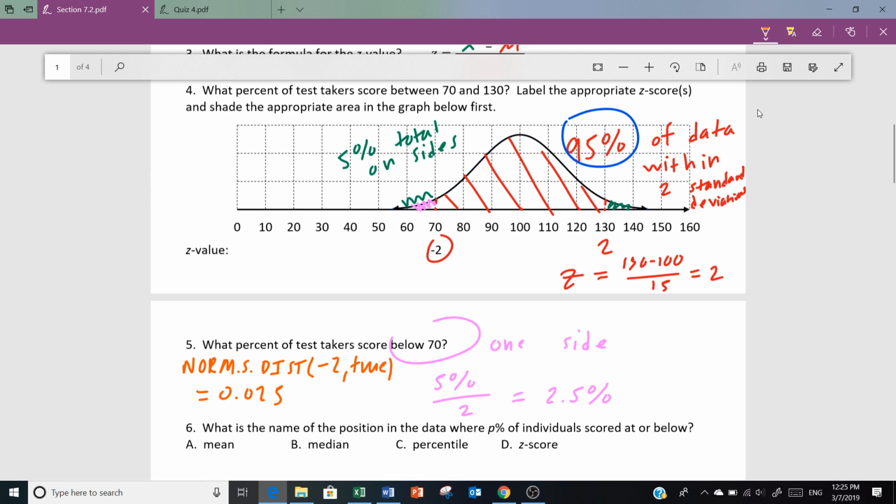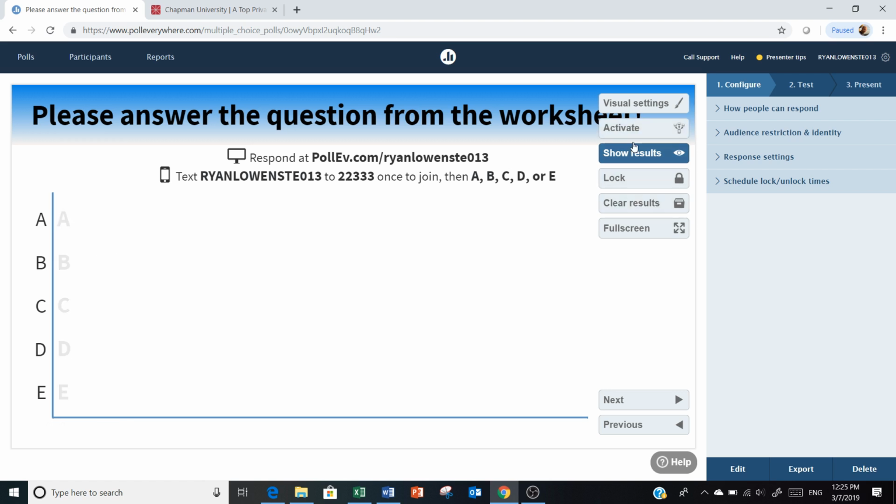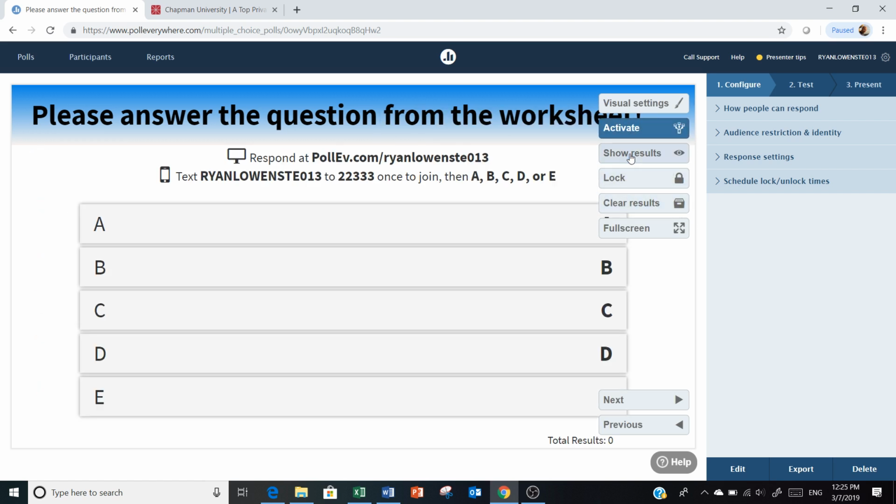Questions on number 5? We're going to do another one. First, what is the name of the position where P% of the individuals scored at or below? A, B, C, or D? We're going to do a Poll Everywhere question. What do we call that point in the value where P% falls below?